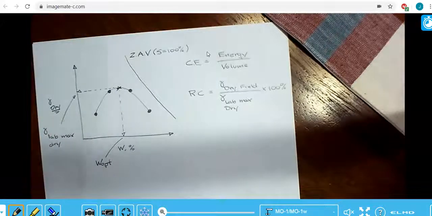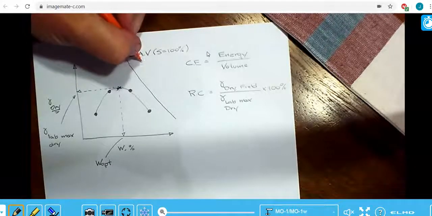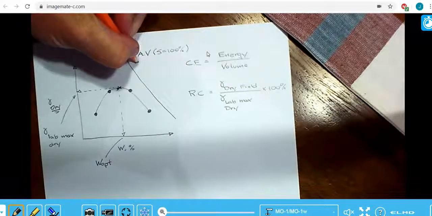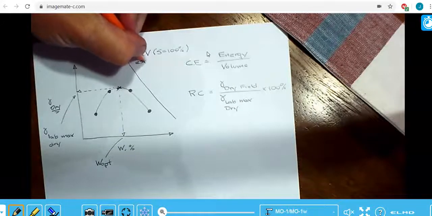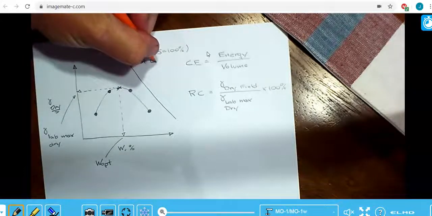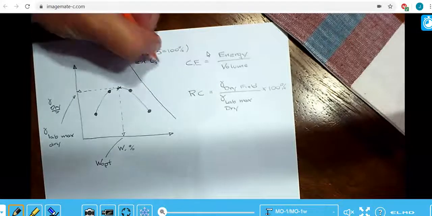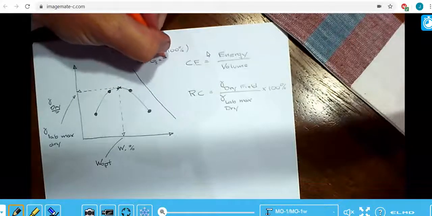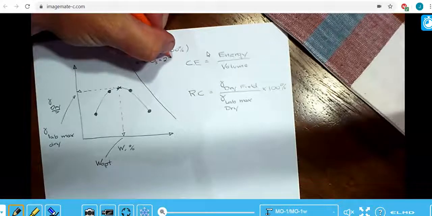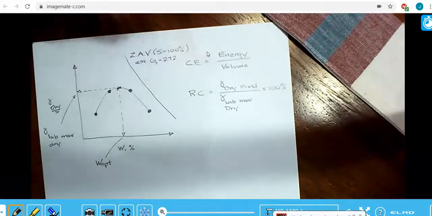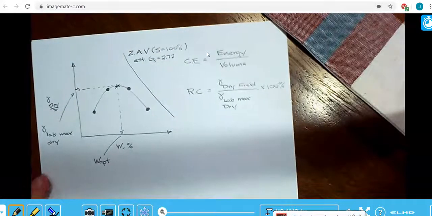We would, of course, have to make an assumption or measure the specific gravity of the solids. So for our test, we're going to assume specific gravity, I'm going to call that G sub s, and we're going to say that's 2.72. Okay, so why do we put this zero air voids curve on here?